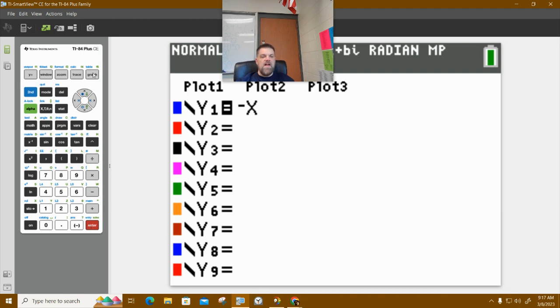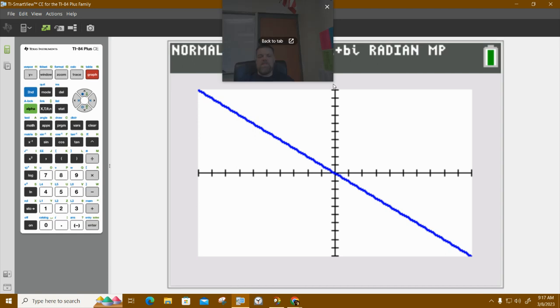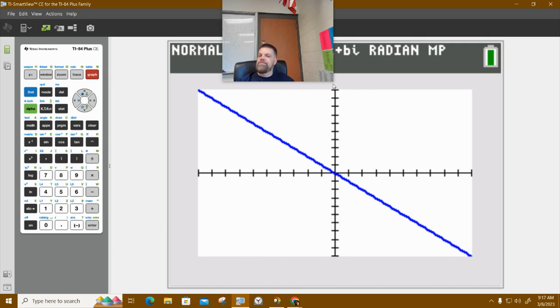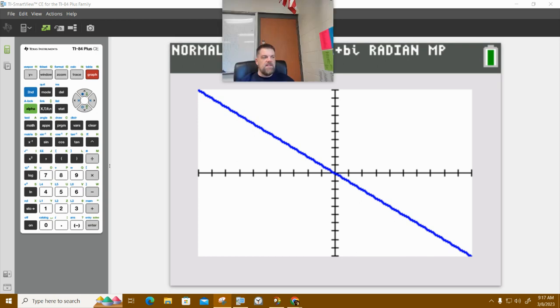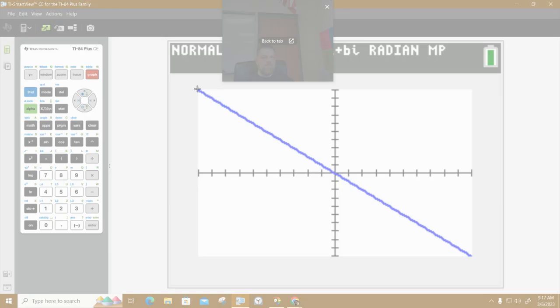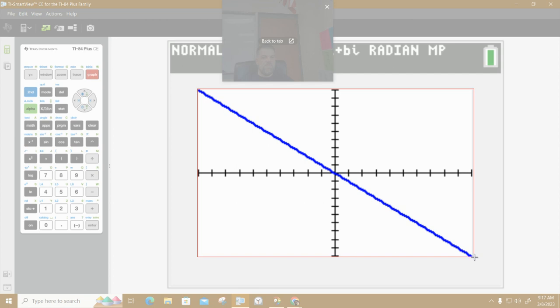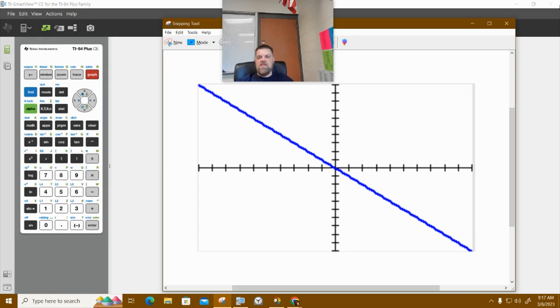Okay. So now that's what that graph looks like. And what it did is it just flipped it. That's it. It just flipped it upside down. So let's go ahead and take a snapshot of that. Now this does change the end behavior.